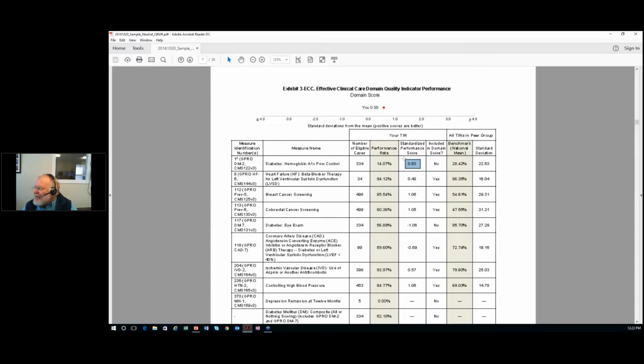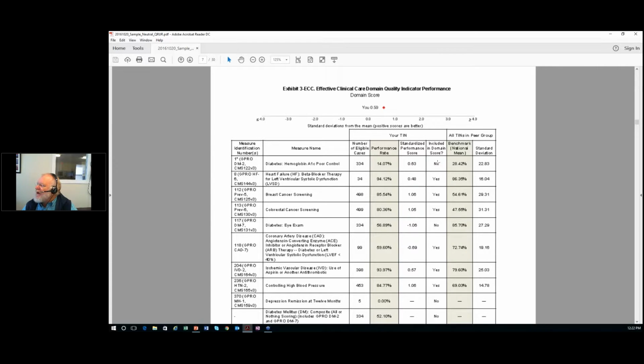So this is the number of standard deviations above average that this number represents. Now, because this looks like lower performance, you'd think you might have a negative number here, but the diabetes measure is an inverse. So in the standardized score, they adjust for the inverse measures.